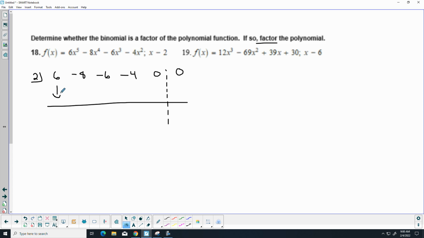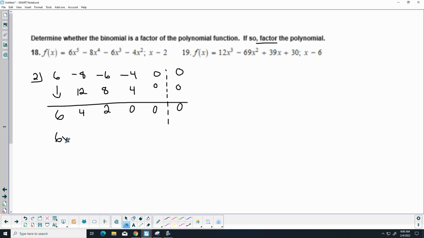All right, bring it down. 6, multiply, add, multiply, add, multiply, add, and it is. And I'm going to be left with 1 degree less.